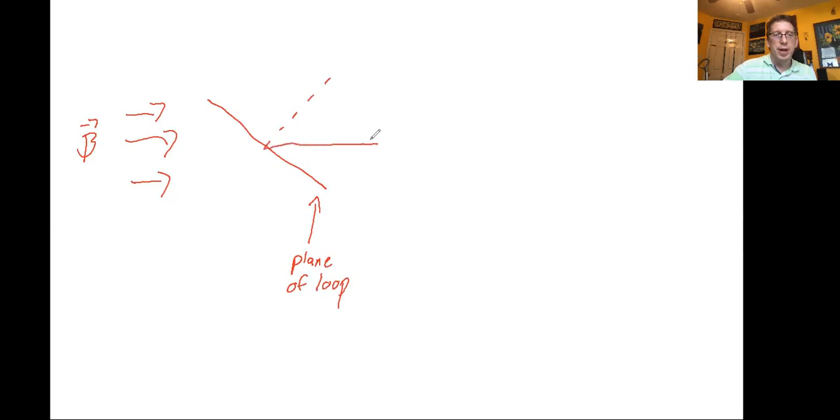You have the plane of a loop, and so we'll draw a line perpendicular to the plane of the loop. It makes an angle theta with the magnetic field.